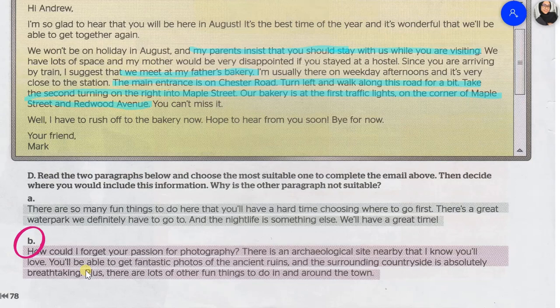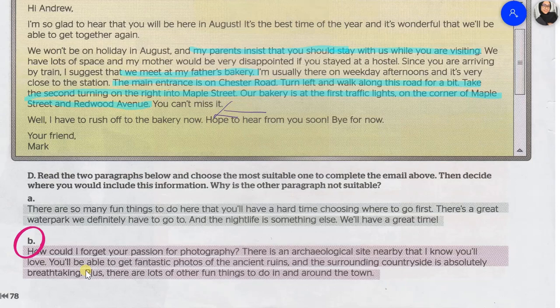Because it includes information about some nature spots and places of historical interest that Andrew would like to take pictures of. And then the paragraph should go after the directions to the bakery over here. After this, oops. Yeah, after this part. So it should go here.